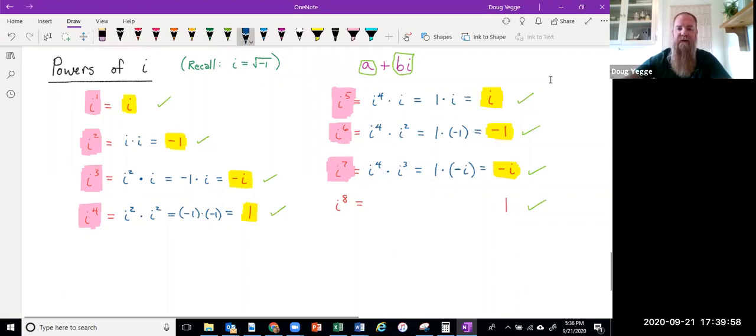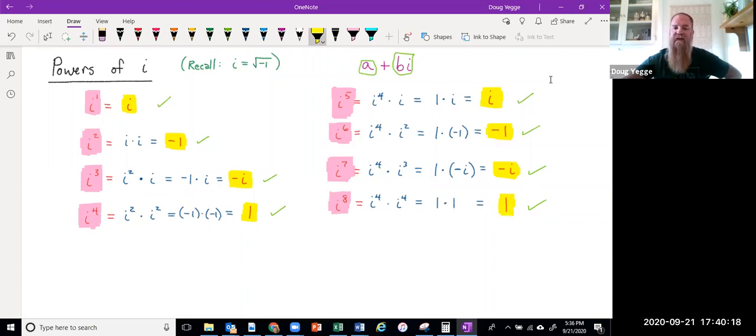But let's see if that works out, because i to the eighth is i to the fourth times i to the fourth, which is simply 1 times 1. And therefore, sure enough, i to the eighth power is equal to 1.